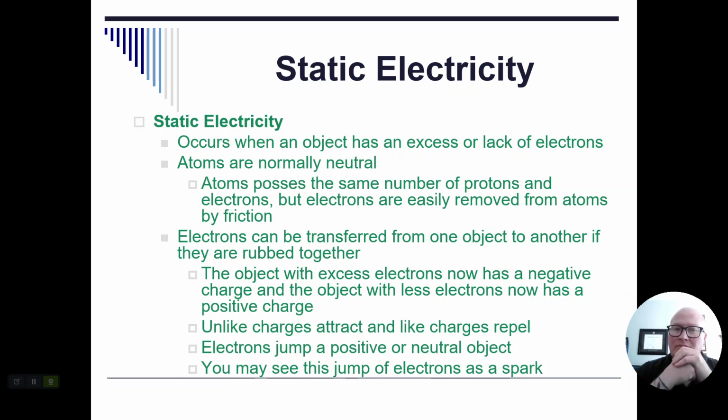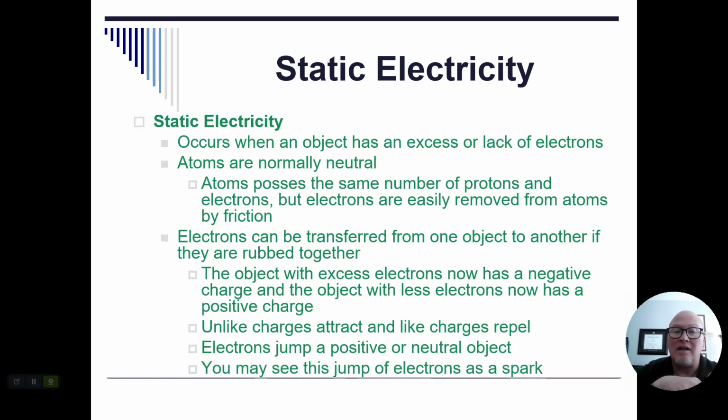But electrons can be transferred from one object to another if they're rubbed together. So when you rub two things together and electrons are passed from one thing to another, the one with the excess electrons now has a negative charge, and the one with the lack of electrons is going to have a positive charge.